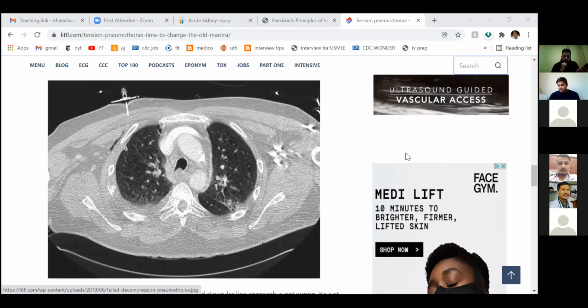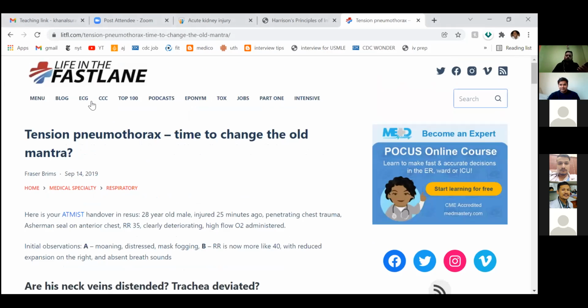If you want to read up, you can go to Life in the Fast Lane: In tension pneumothorax, time to change the old mantra. It's a good read. The only two disadvantages with this are less easy access, which is understandable, as it is easy to just puncture the second intercostal space and get done with it.